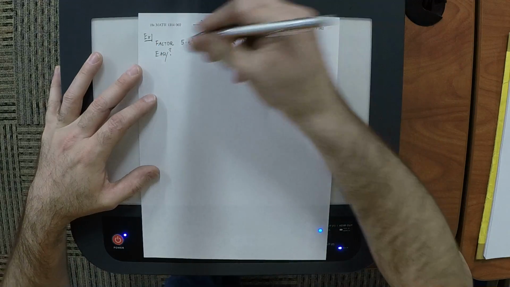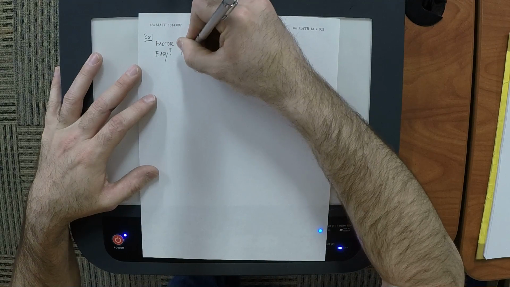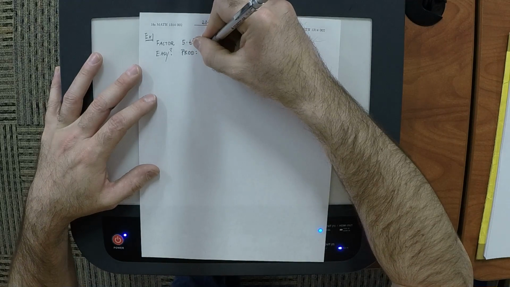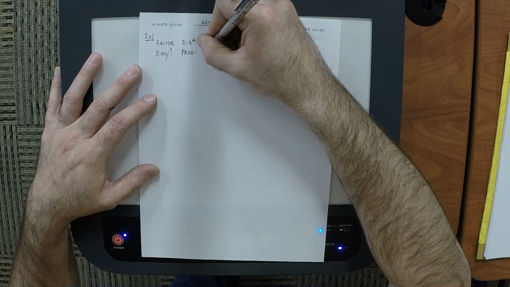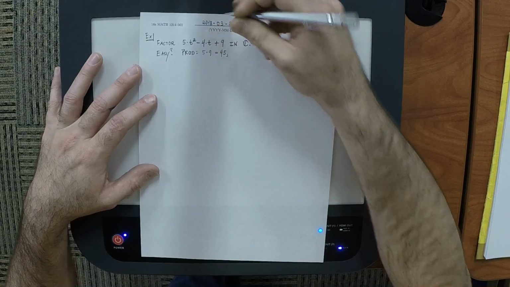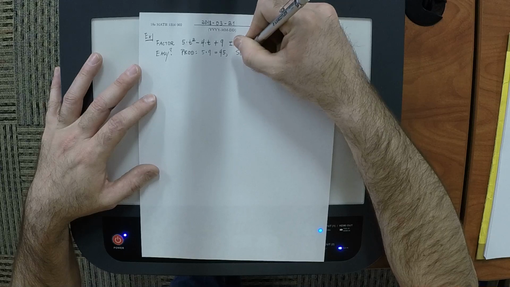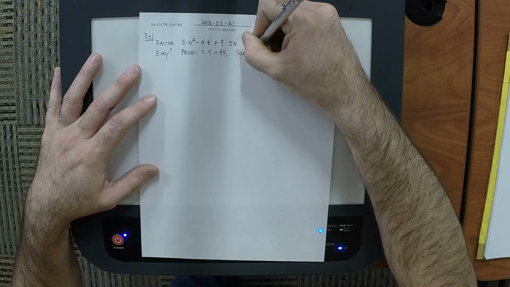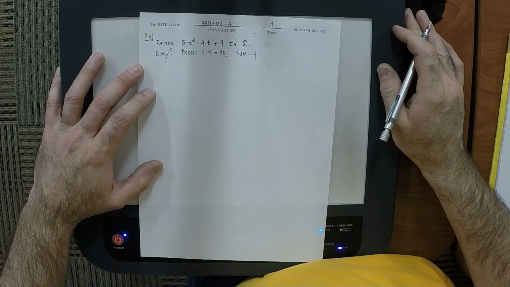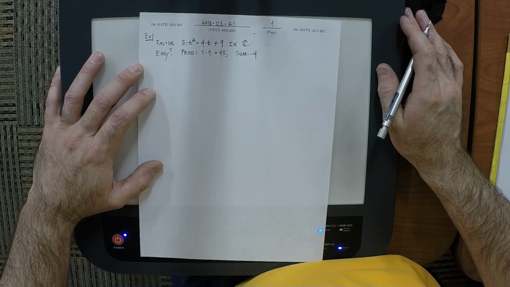Which is to say, is it possible to find two numbers whose product is, what product would we be looking for? 45, because it's the product of the first and the last coefficient. So we want two numbers whose product is 45, and what do we want their sum to be? -4. So can you think of two numbers whose product is 45 and whose sum is -4?